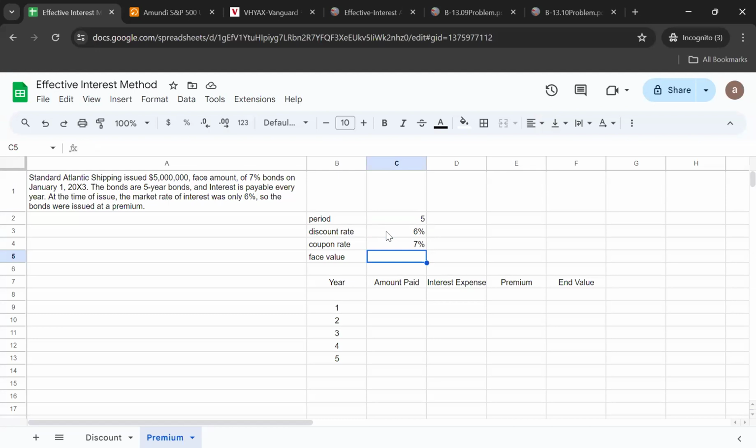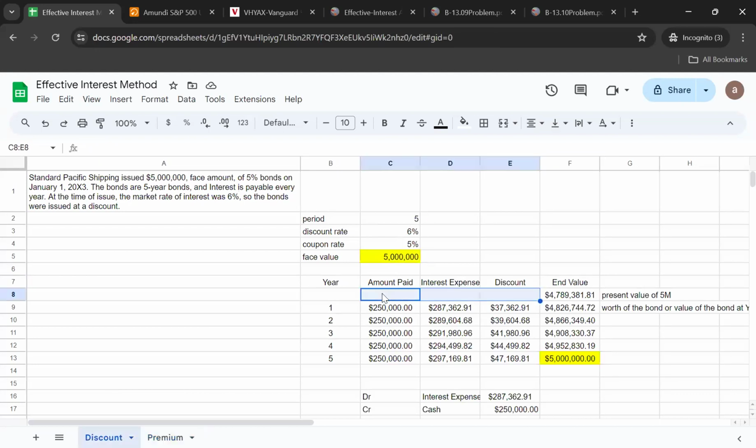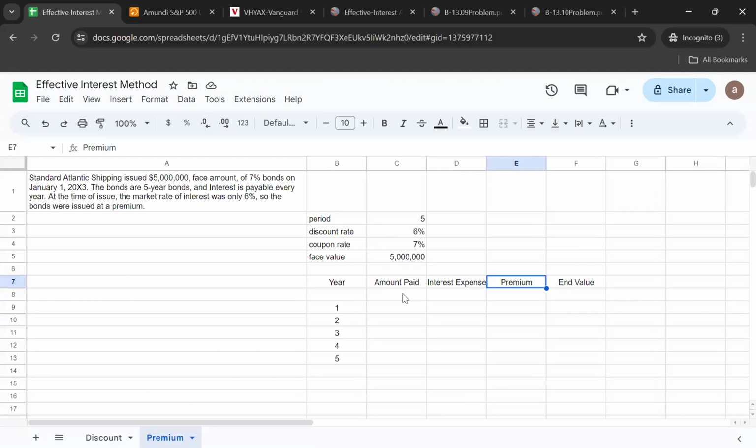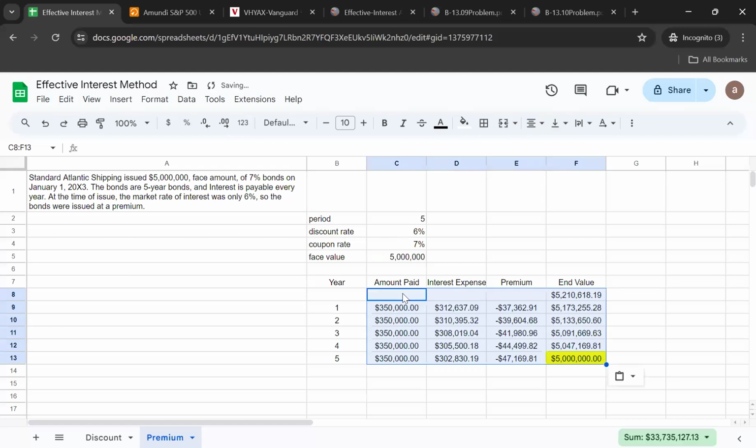So that's a good thing for me. So it's going to be a premium bond here. And then again, it's 5 million. So let's copy the formulas from here. It's just that we will have to tweak things a little bit, but let's do that. Right, so we have this here.